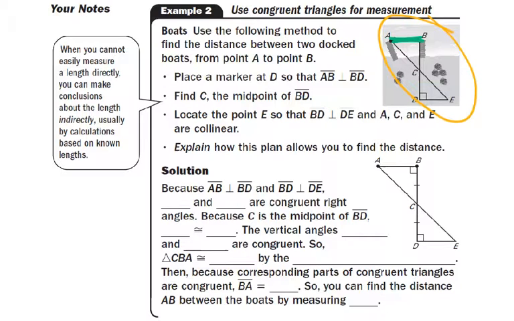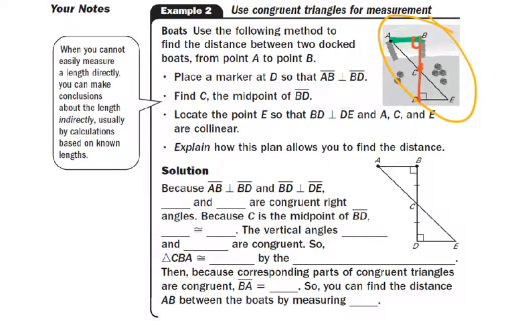So place a marker at D so that AB and BD are perpendicular. Alright, so we've got that distance. Go out here, place a marker at D so that you know you have a right angle there. Find C, the midpoint. Okay, right there.